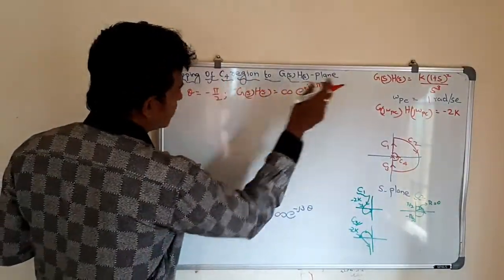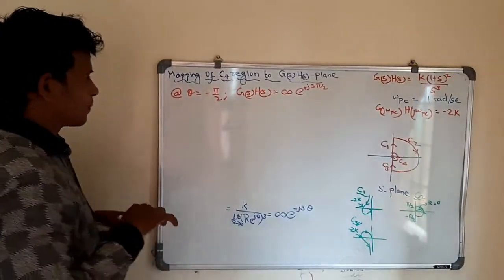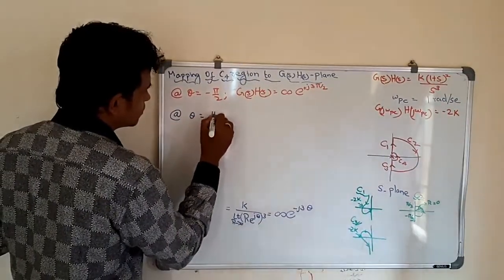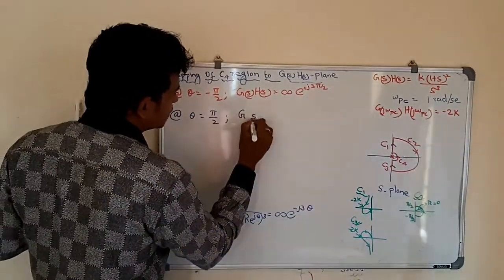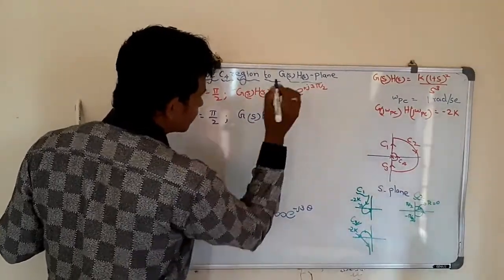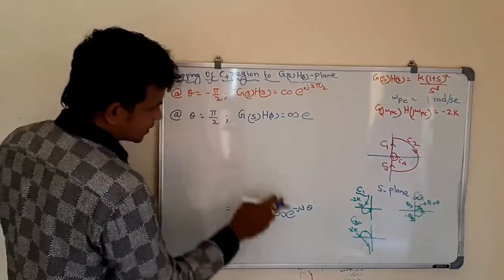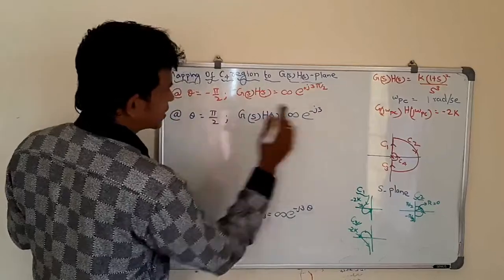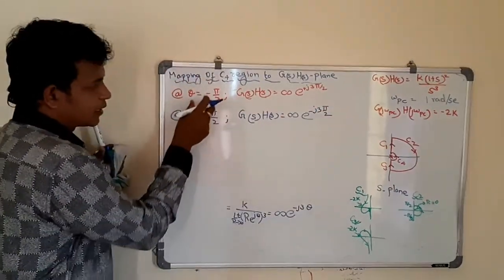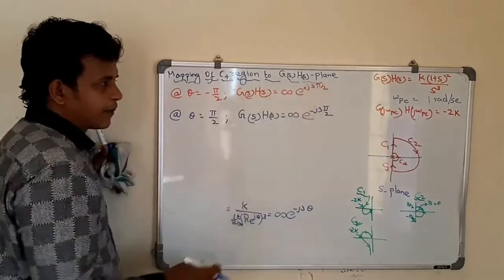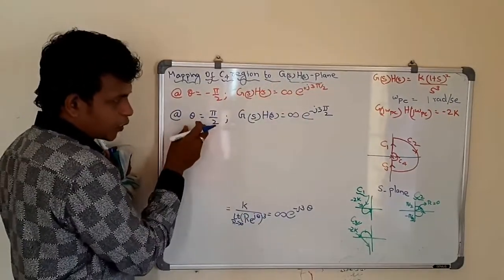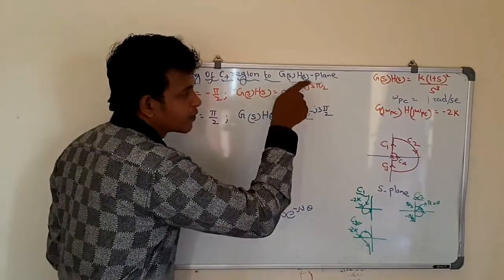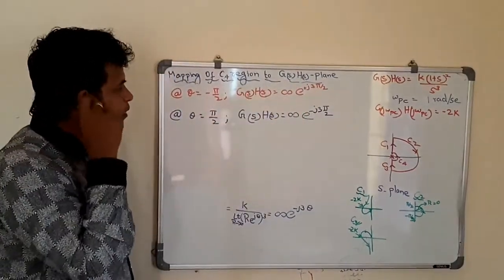Now at theta equal to plus pi by 2, I am getting GsHs equal to, the radius is infinity, and e power, plus into minus is minus, j 3, replacing theta by pi by 2. So when theta is negative, in the mapping the angle is positive. When theta is positive, in the GsHs plane we are getting the angle negative, and it is varying from 3 pi by 2 to minus 3 pi by 2.